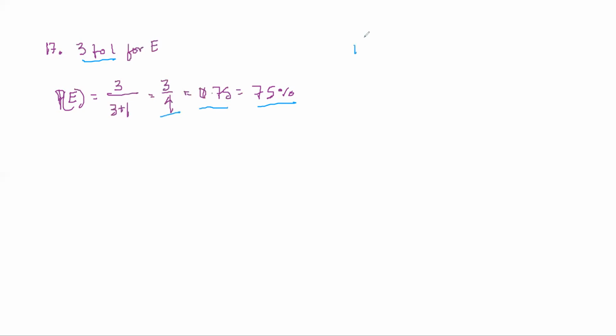If we look at 19, the odds are now 7 to 5 against. If they're against E happening, then E is going to be this lower number. It's less likely that E happens than not.